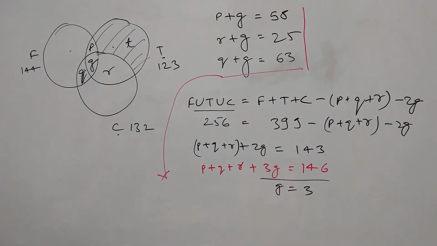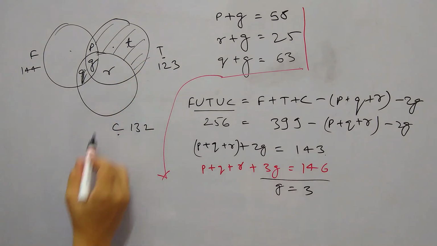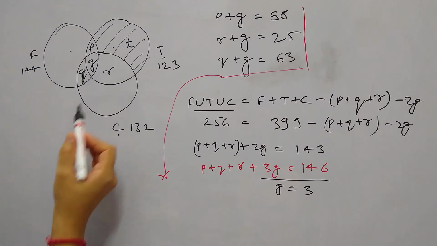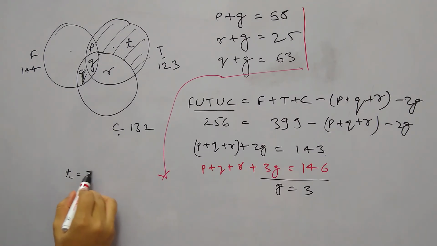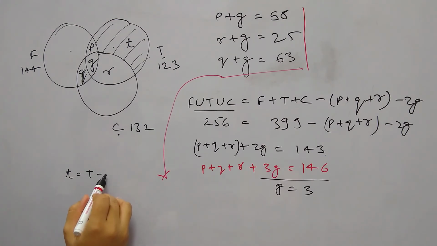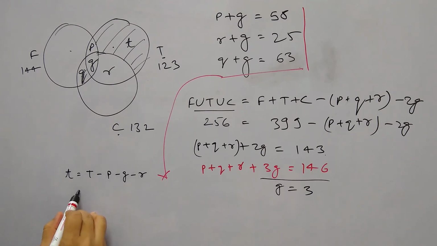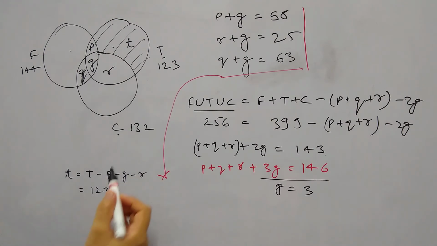As I explained earlier, to know those who can just play tennis, the small t denoted in our diagram, is the number of total tennis players minus P minus G minus R. So the number of total tennis players is 123.